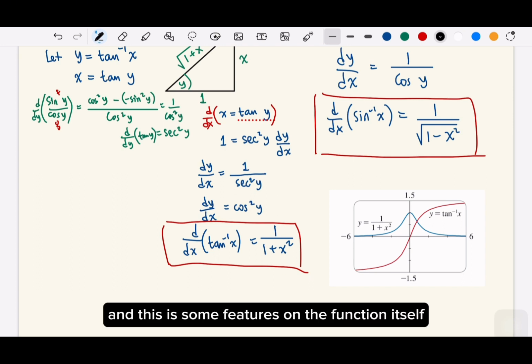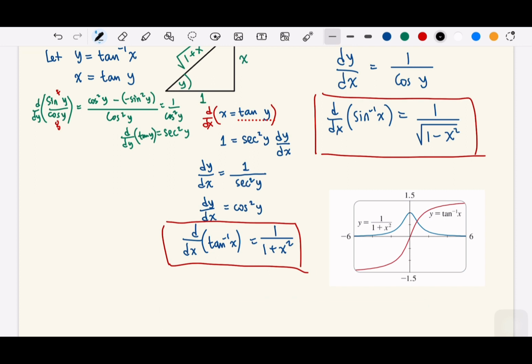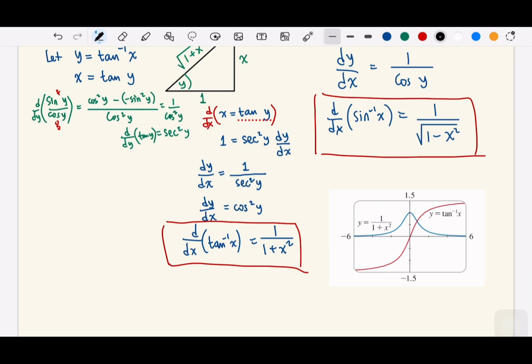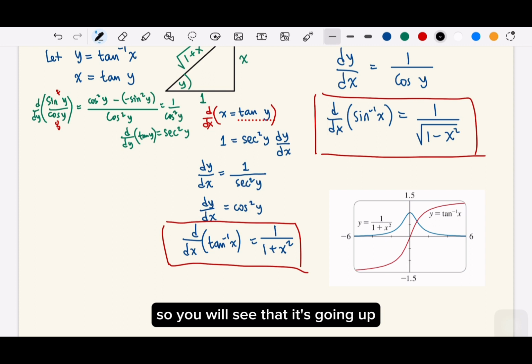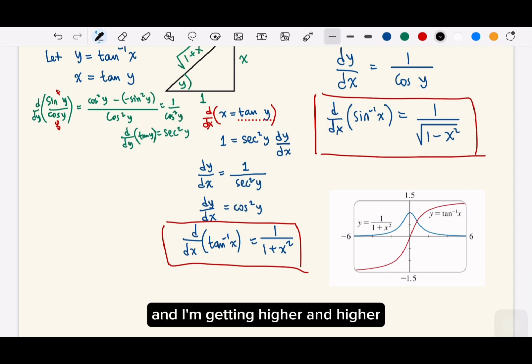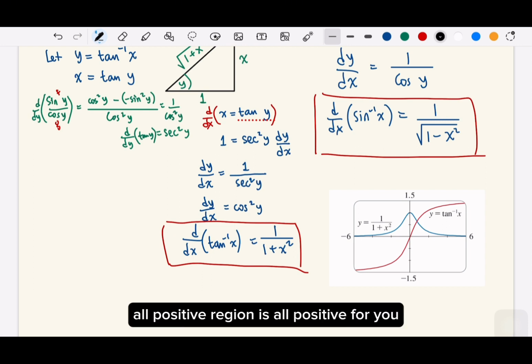And this is some visuals on the function itself. So this is the tangent inverse, and this will be the derivative. So you will see that it's going up and then getting higher and higher. This is positive, all positive region. Okay.